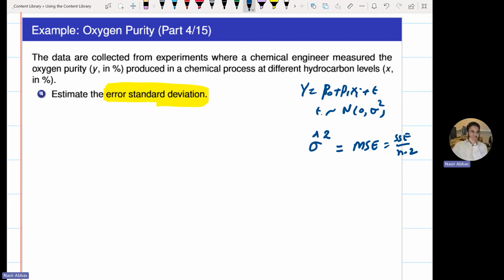So again, go through that calculation chain for getting SSE. For getting SSE, the first thing I need is SST, which is nothing but SYY. I found it in one of the slides earlier, SYY, and I got it to be 152.1216.